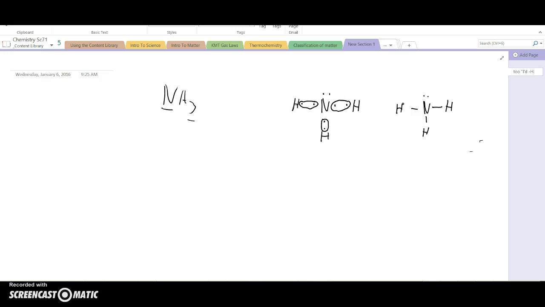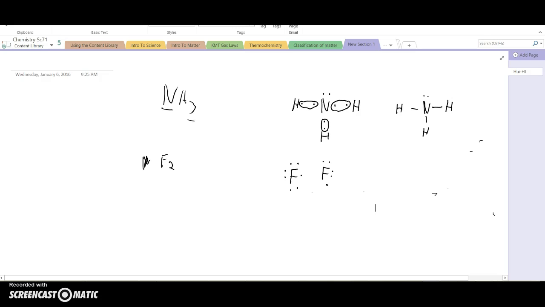Let's look at a couple more examples. We'll look at an example of F2. So, in this case, there really isn't a central atom. There's just 2 atoms. So I can just start with fluorine. Fluorine has 7 valence electrons, and my second fluorine atom is the same.